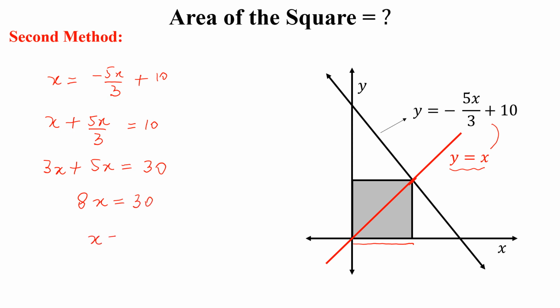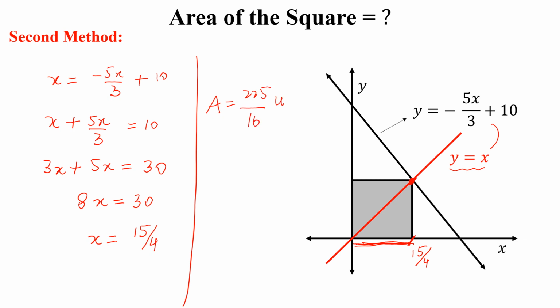From here we will get x equal to 15 divided by 4. So this point x is 15 divided by 4. It means the side of the square is 15 divided by 4. So the area will be equal to 225 divided by 16 units square, and this is the required answer.